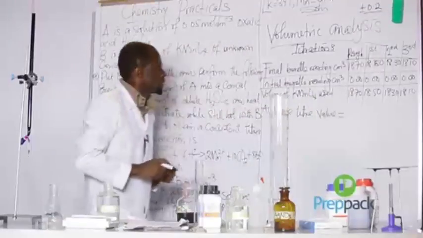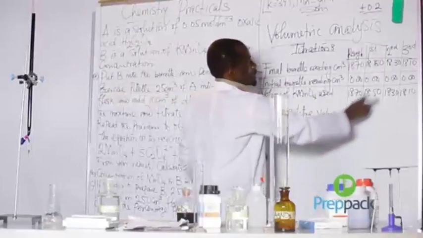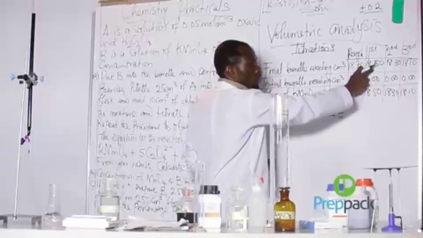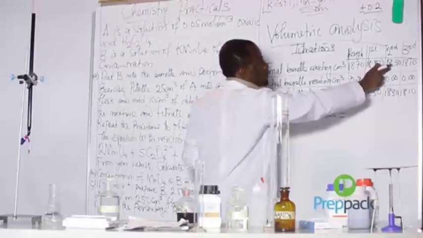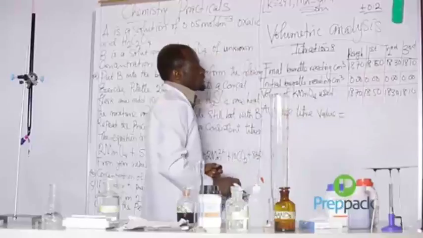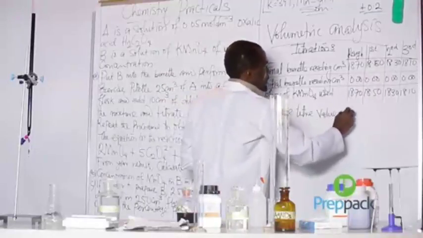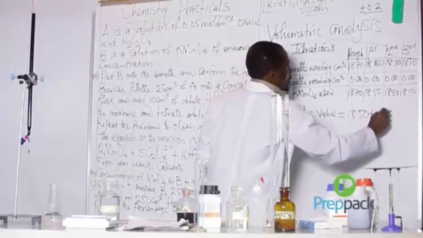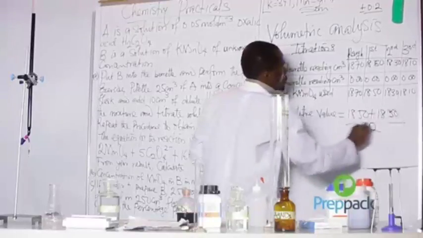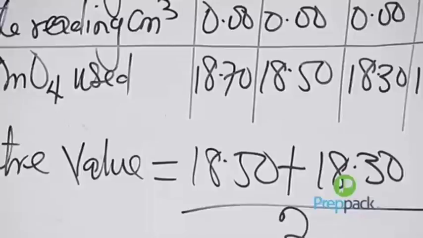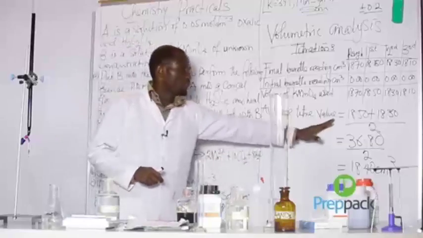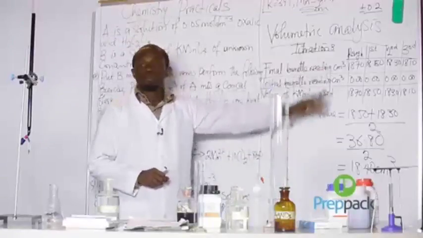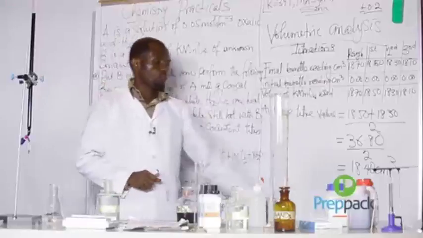That's the standard. So the 2 values here are 18.50, which is the first titration, and 18.30, which is the second titration. So I'll go for 18.50 plus 18.30 divided by 2, which is the average titer value of the KMnO4 used for the reaction.